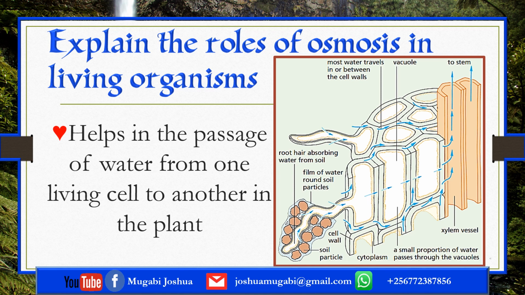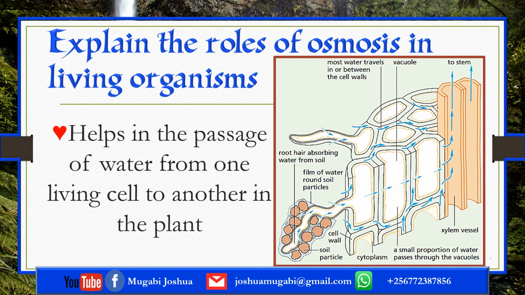Now, if you look at our diagram, we can see we have our root hairs connecting to other cells which are connected to the xylem vessel. So when water enters into the root hair, it will move through the cell of the root hair and it will go into another cell next to the root hair.